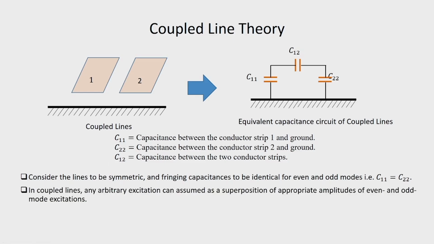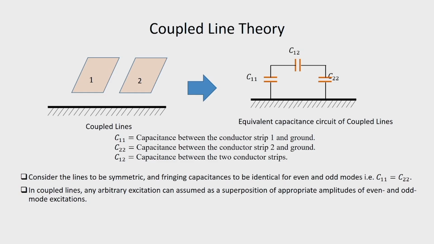In coupled lines, arbitrary excitation can be assumed to be a superposition of appropriate amplitudes of even and odd mode excitation.